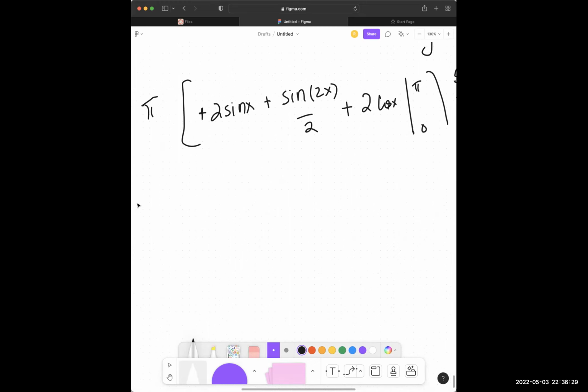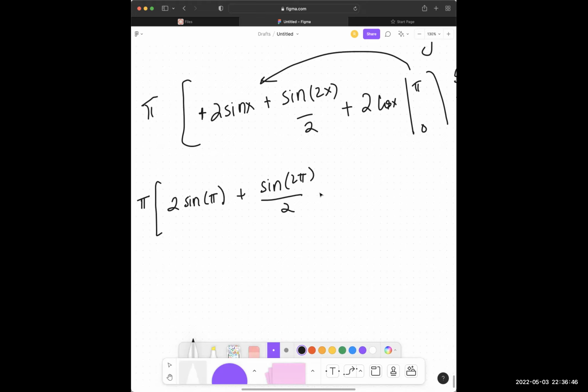So what we would do is put the top bound in first. So you would have 2 times sine of pi plus sine of 2 pi over 2 plus 2 cosine of pi, and then minus all of this with zeros inside of it.